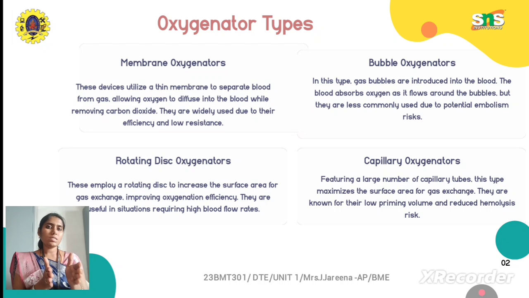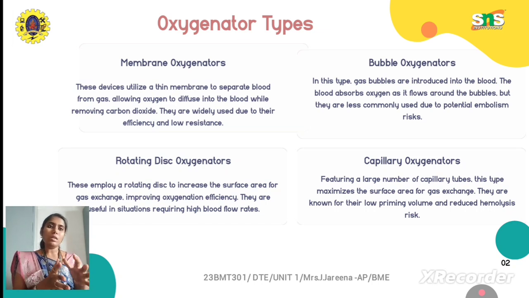The oxygen-rich gas diffuses easily from higher concentration to lower concentration, from the gas flow into the blood through this thin membrane. These oxygenators are used widely due to their efficiency and low resistance. This is all about membrane oxygenators.